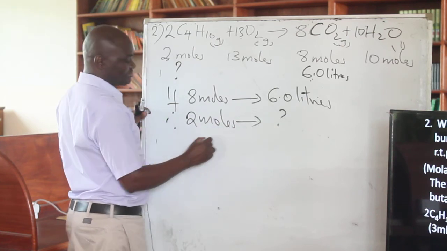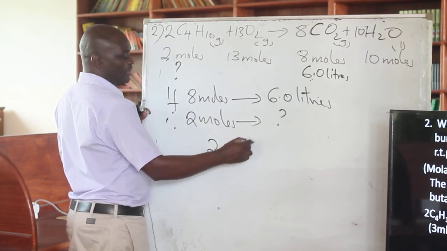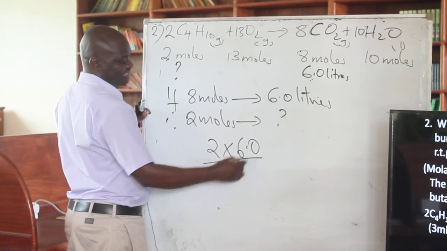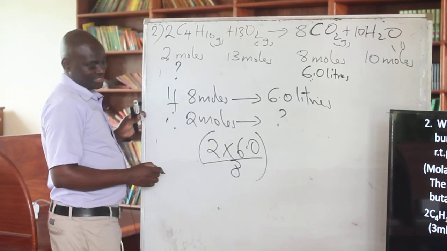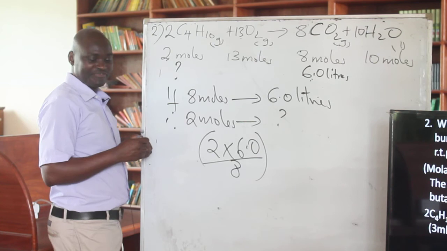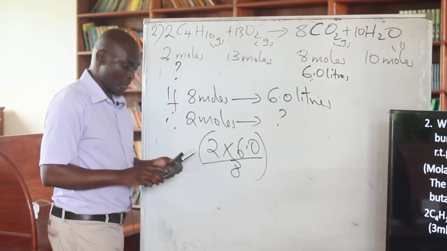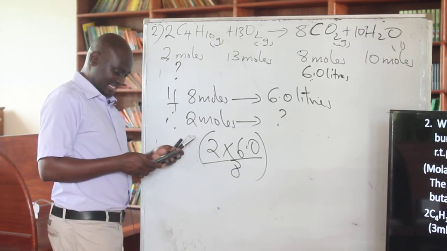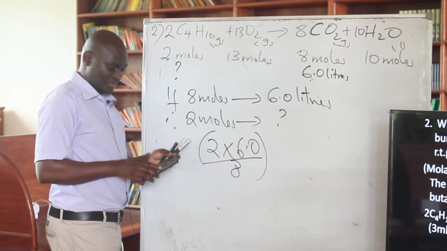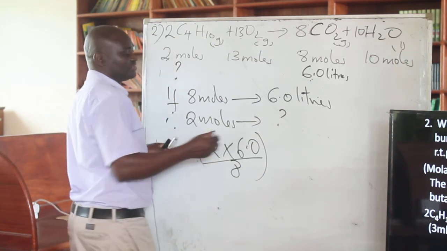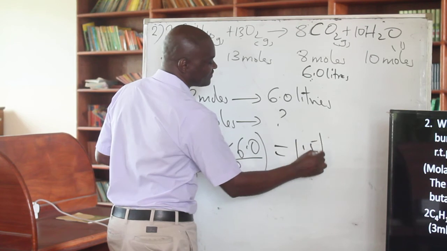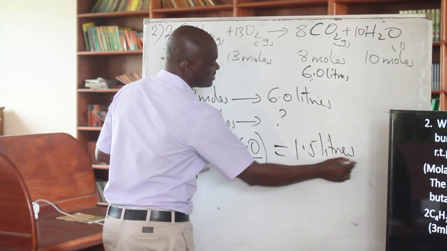So 2 moles will be 2 times 6.0 over 8, which is 6 divided by 4. So 6 divided by 4 will be 1.5. So this one will be 1.5 liters.